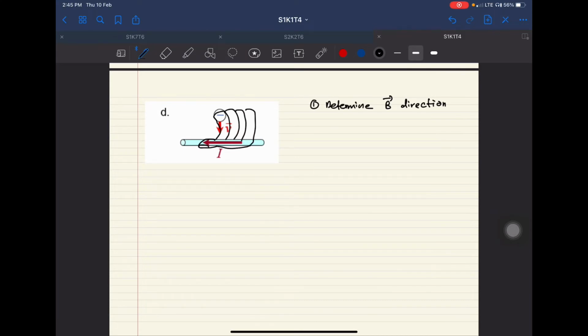Okay, make sure you put your thumb in the current direction, and then all your remaining fingers will be pointing towards the magnetic field. So in this case, you can see that the region that matters is over here, because this is where the electron sits. So over here, the magnetic field is going into the page.